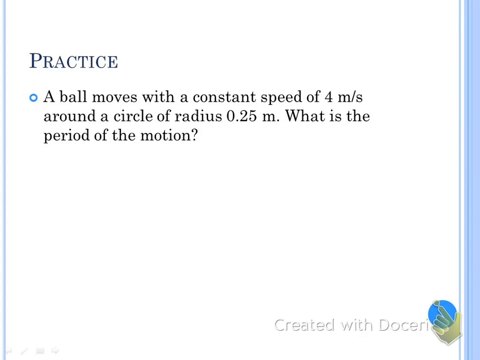The ball moves at constant speed of 4 meters per second around a circle with radius of 0.25 meters. What's the period of the motion? So here are the values that are given to us. They gave us velocity and they gave us radius.